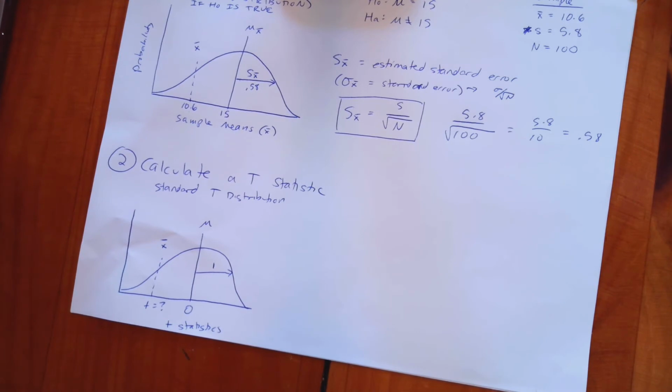But to figure that out and to put numbers to it that give us actual probabilities about getting this sample in a world where the null hypothesis is true, we're going to turn to the standardized t-distribution here.